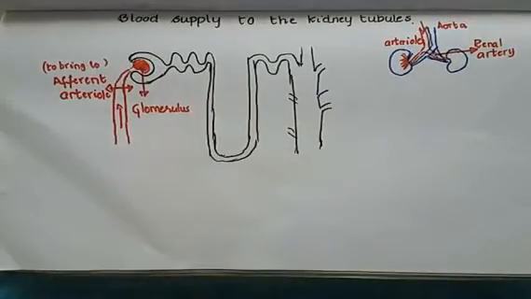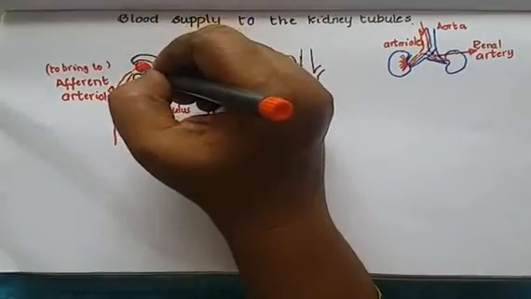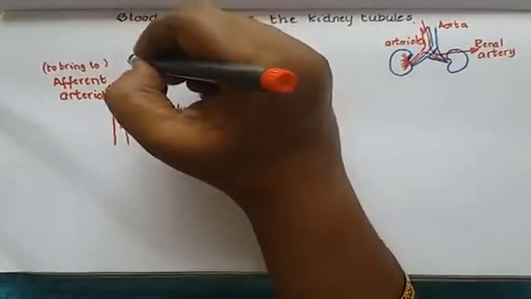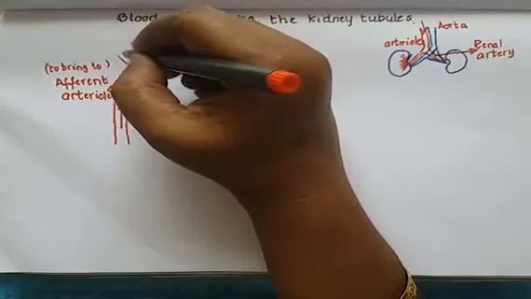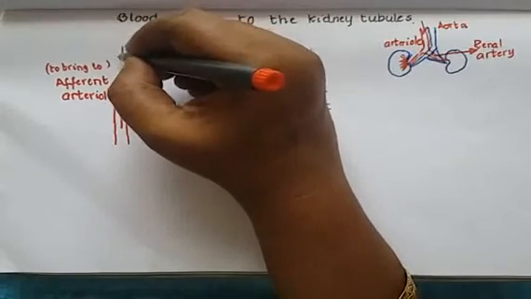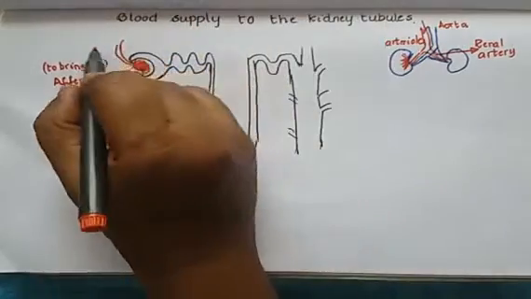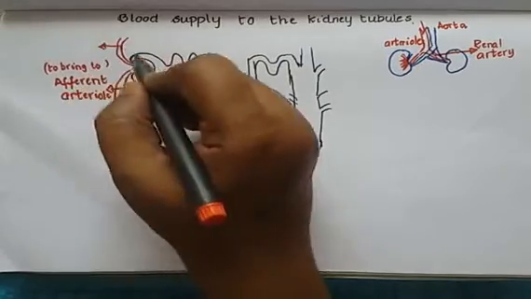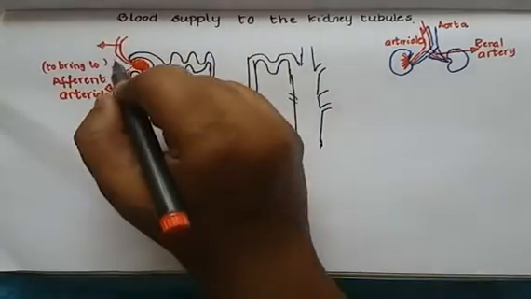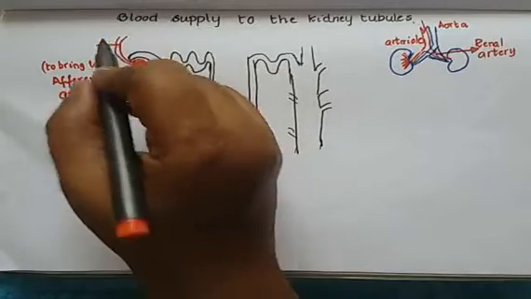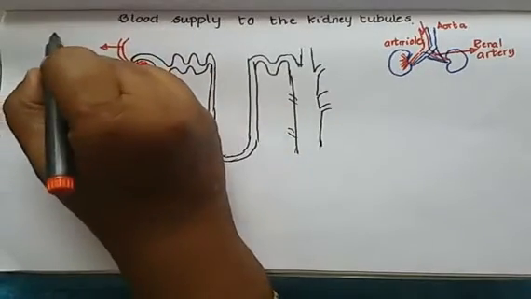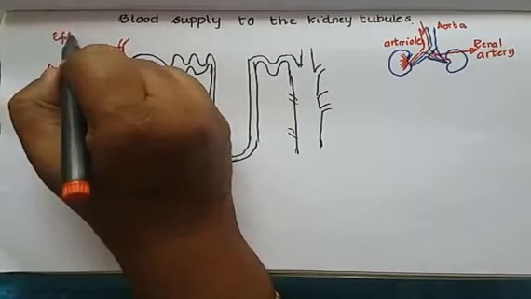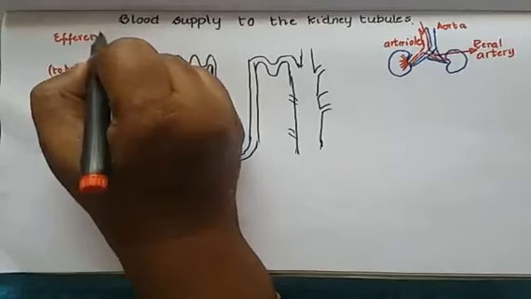And this glomerulus, or the number of capillaries, reunite again forming one more arteriole which is carrying the blood away from the capillaries, and it has been named as an efferent arteriole.